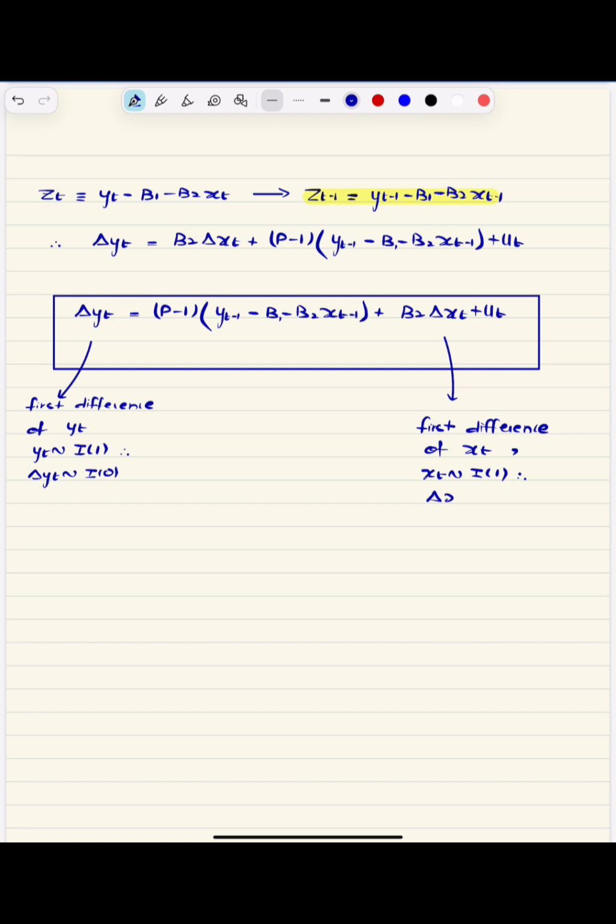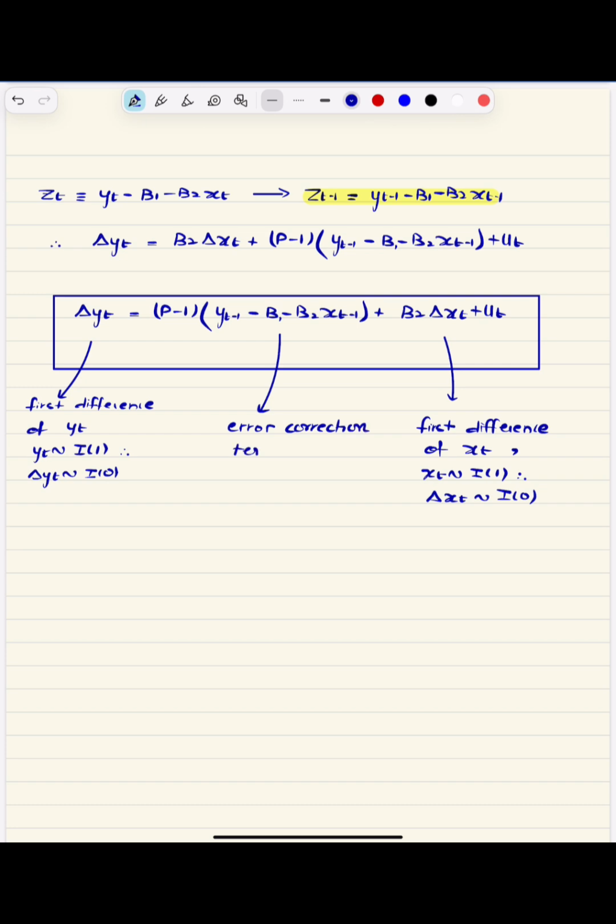Therefore, change in xt is going to be stationary, that is integrated of order 0. This is white noise. Yes, it's integrated of order 0 as well. And basically this whole expression is the error correction term.